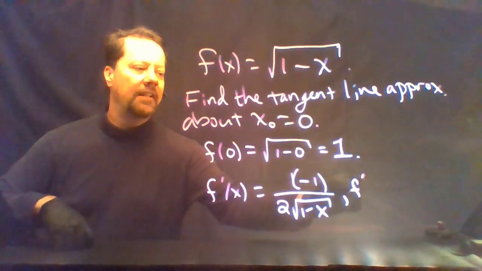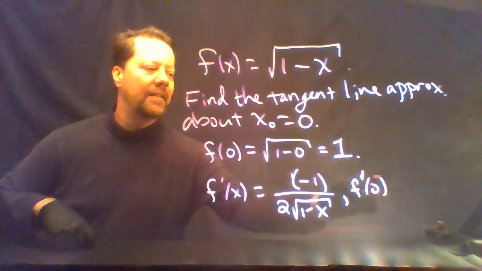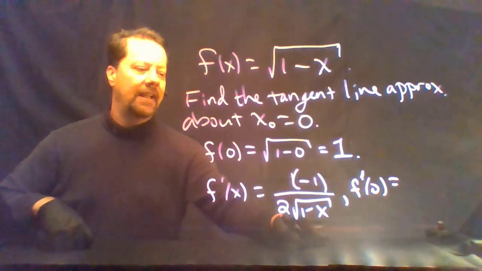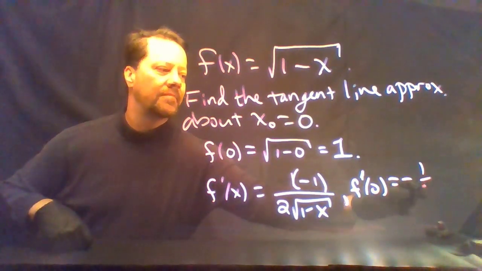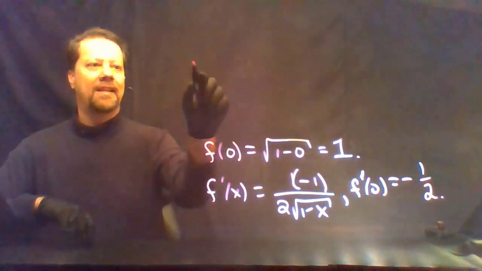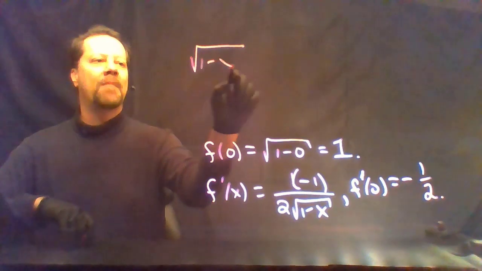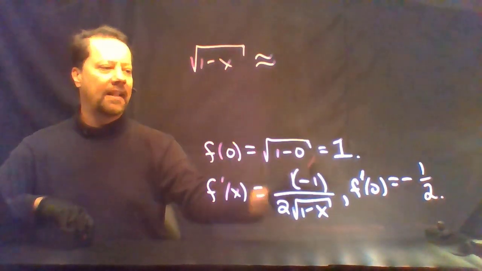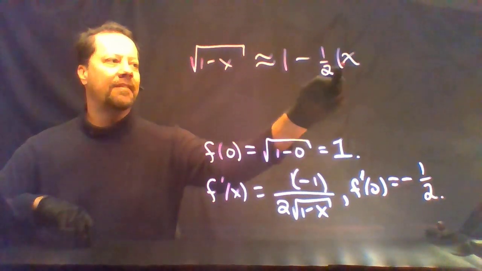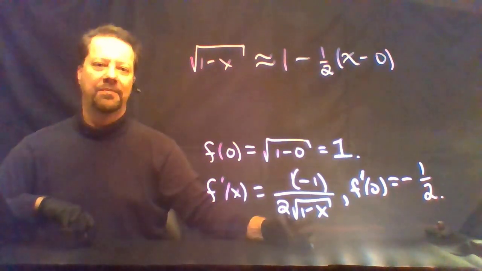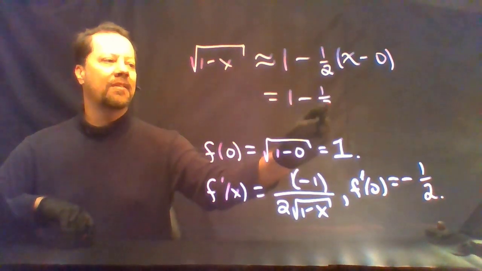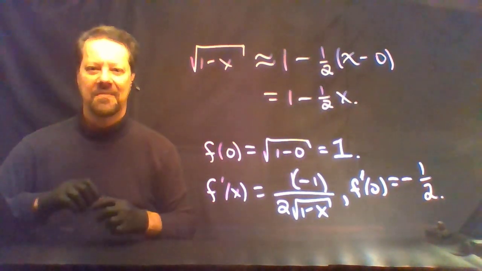Then, if we evaluate that at 0, we'll have negative 1/2. It follows, then, that the square root of 1 minus x is approximately 1 minus 1/2 times x minus 0, which is 1 minus 1/2 x.